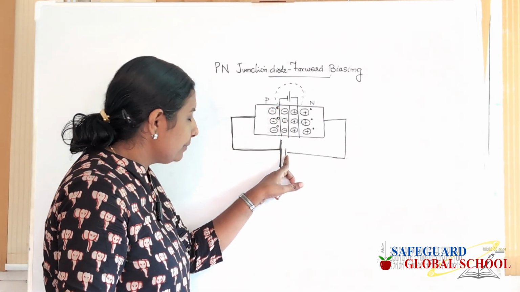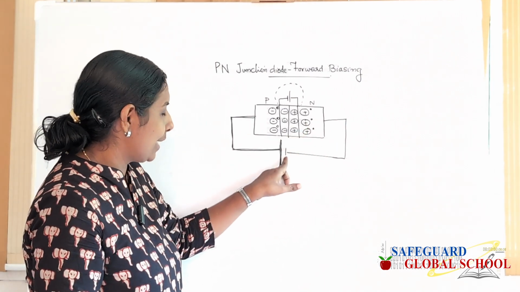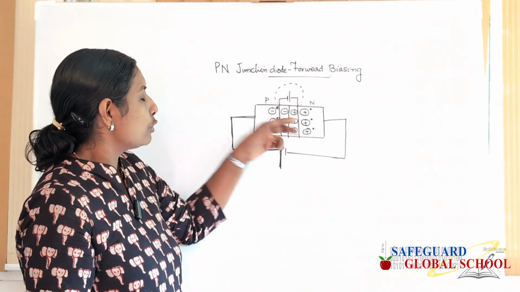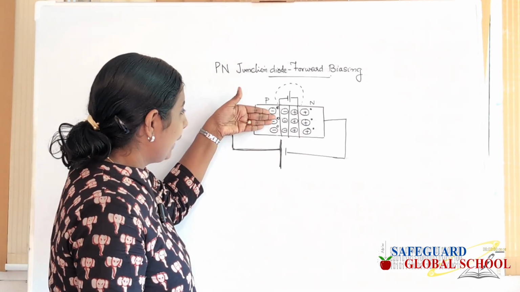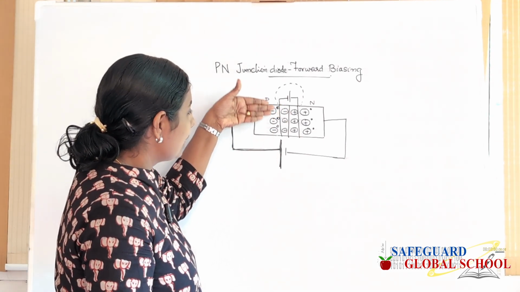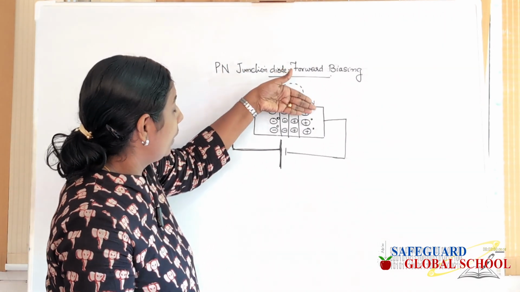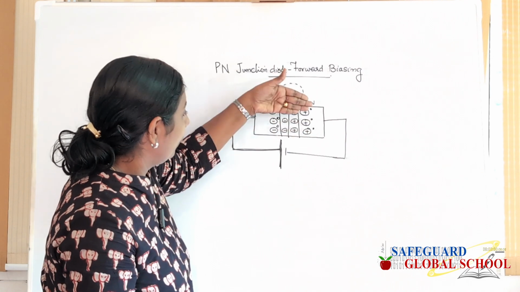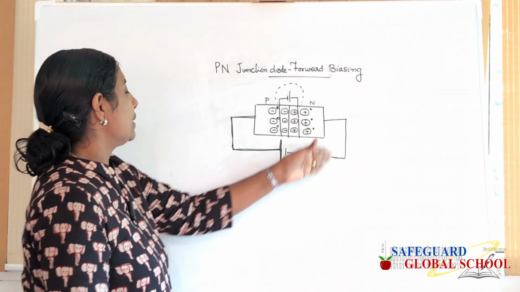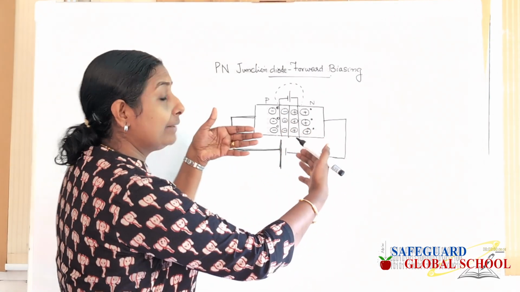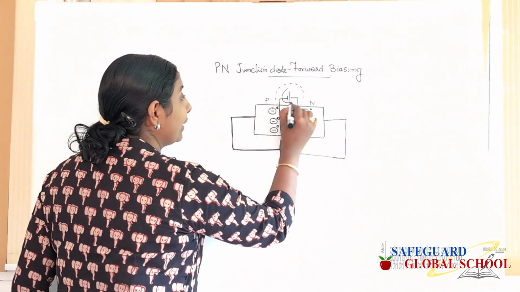And the negative terminal, as there are negative electrons, repels the electrons. So due to the repulsion of the positive side towards the holes and the negative side towards the electrons, the electrons move from this region to this region. What happens is that they try to cross this junction. There is a potential barrier created here.